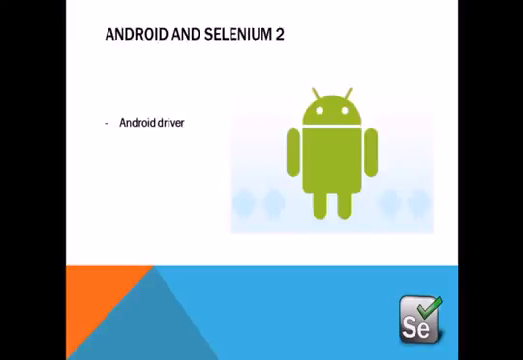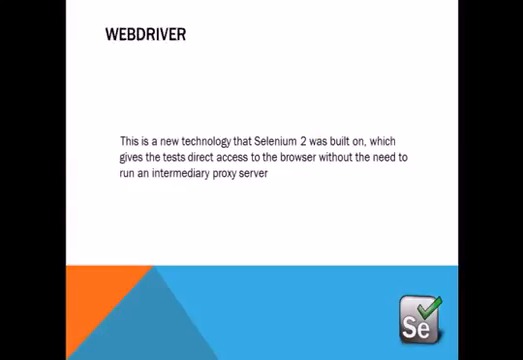So how are Android and Selenium 2 actually interacting? This is possible because Selenium 2 has introduced a new driver called Android driver. With the Android driver, we can perform the test in Android with Selenium 2.